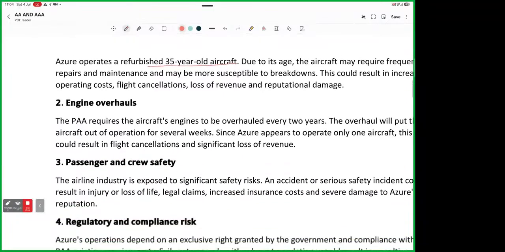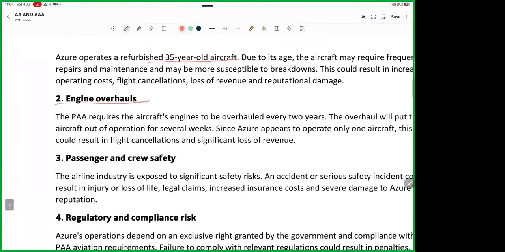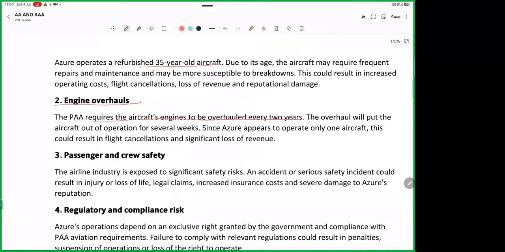Number 2, engine overhauls. Another business risk. The PAA requires the aircraft engines to be overhauled every 2 years. The overhaul will put the aircraft out of operation for several weeks. Since Azure appears to operate only one aircraft, this could result in flight cancellations and significant loss of revenue.